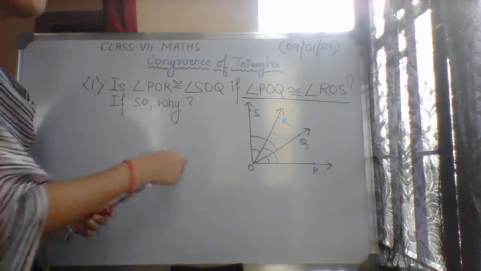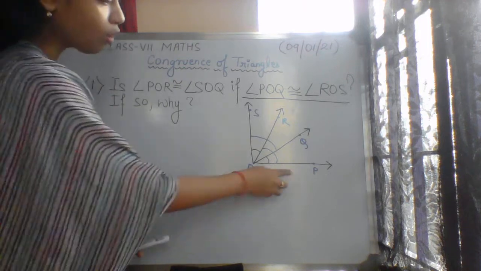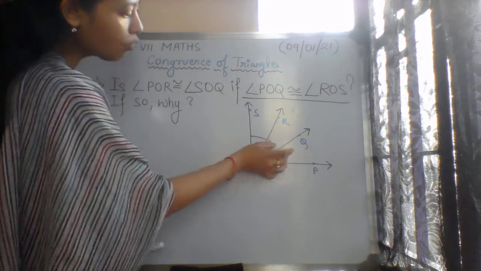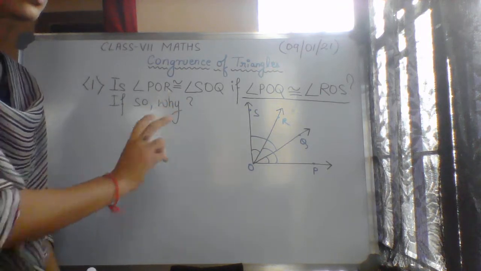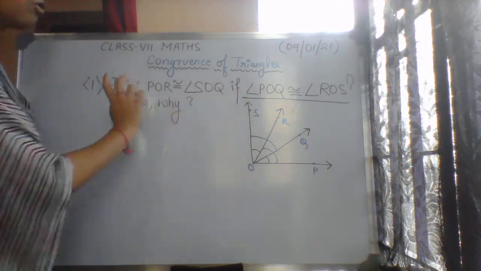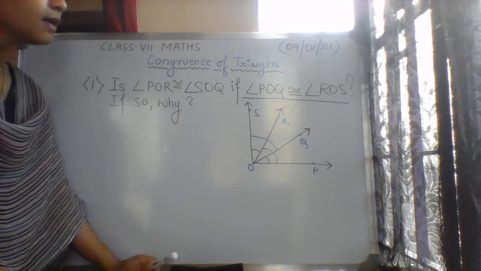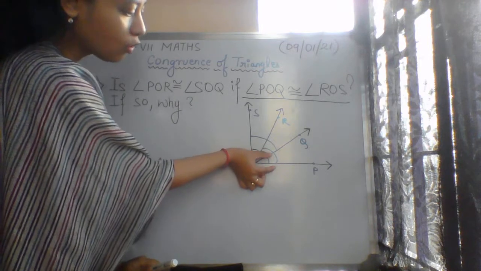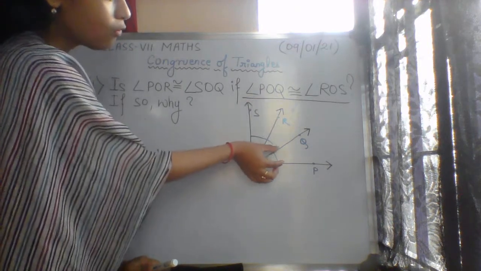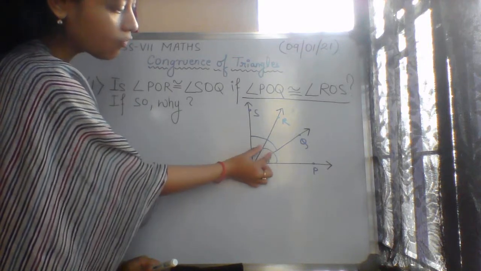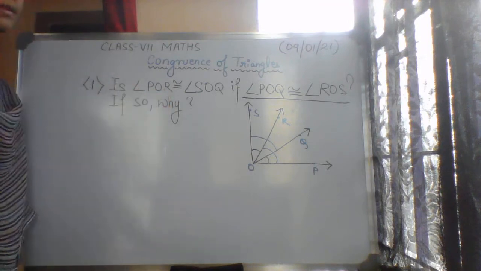Just think about those two angles, POQ and POR. Yes, you're very right, by adding this angle. With angle POQ, if I add angle ROQ, I will get angle POR.